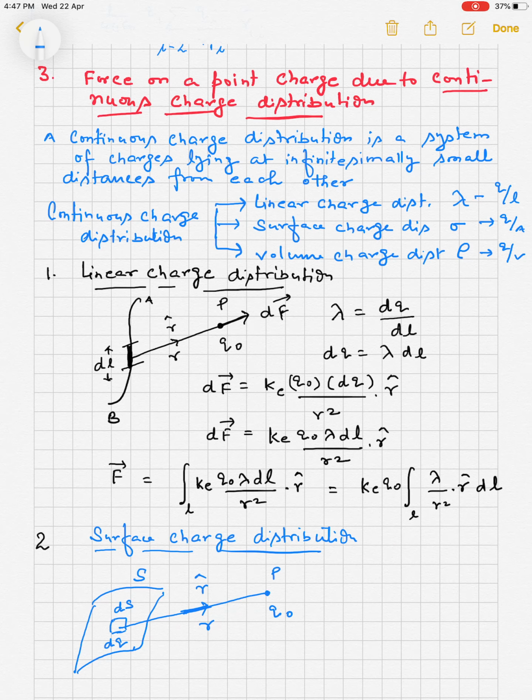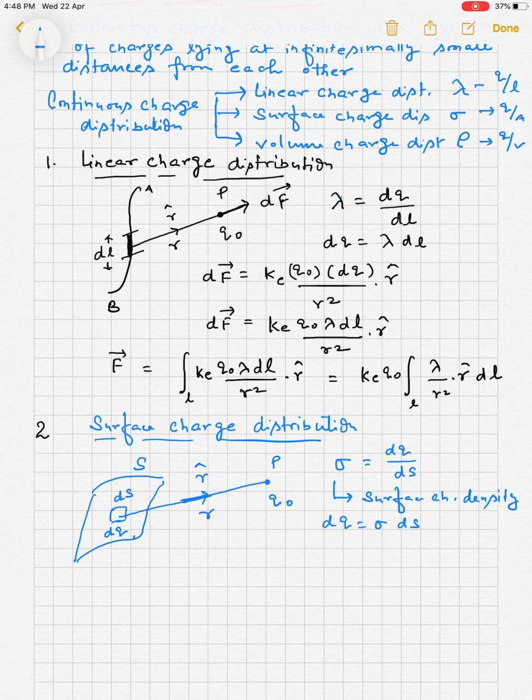According to the definition, lambda is linear charge density and sigma is surface charge density. So dq over ds is the surface charge density, and dq will be equal to sigma ds.